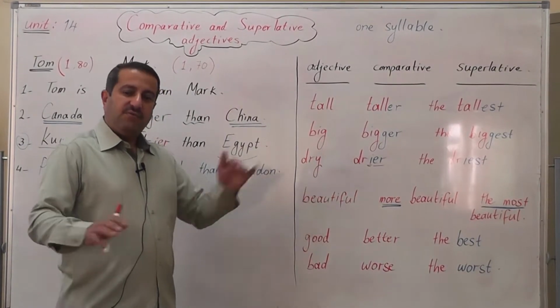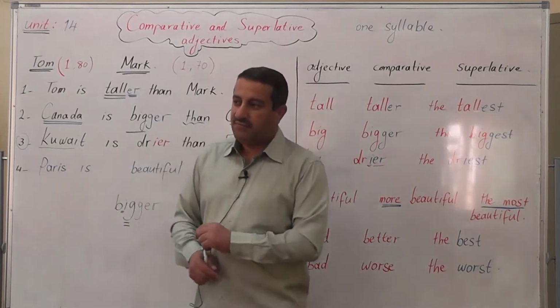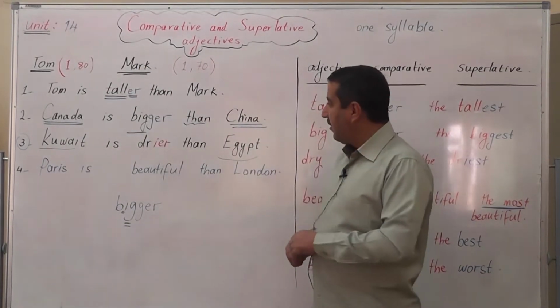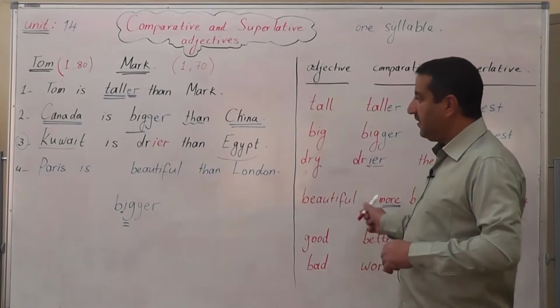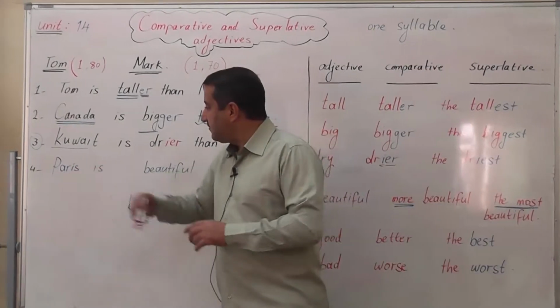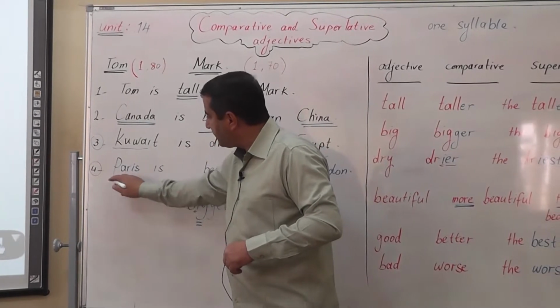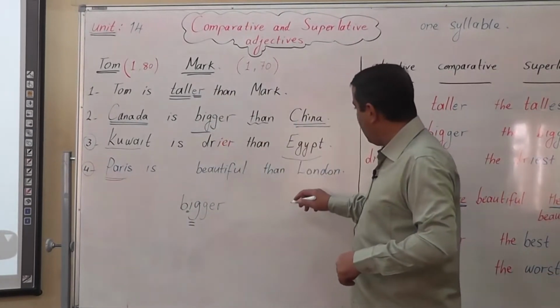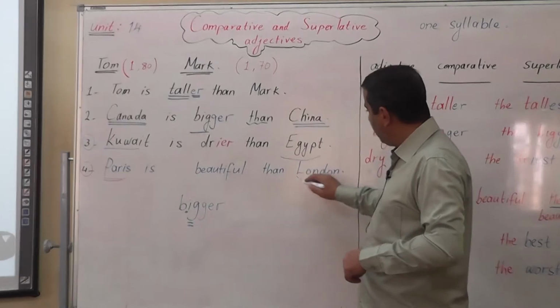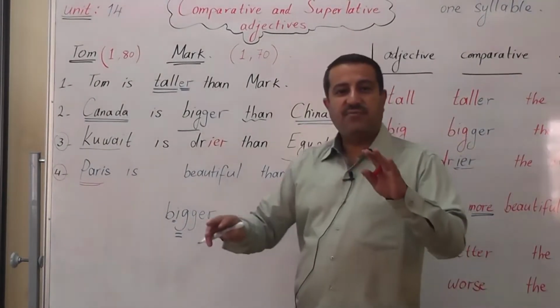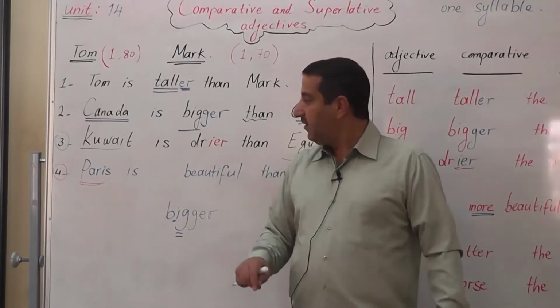These adjectives that have more than one syllable, when we use them in comparison between things or people, we do not add ER. Okay, look at the example number 4. We have Paris. This is a city, and London is another city. So we are comparing Paris with London.